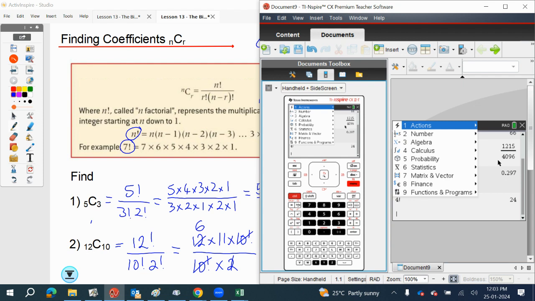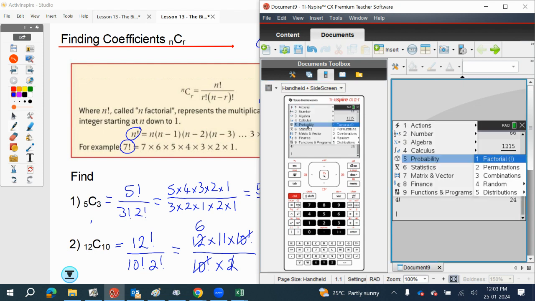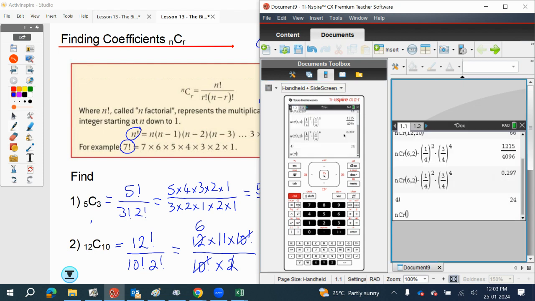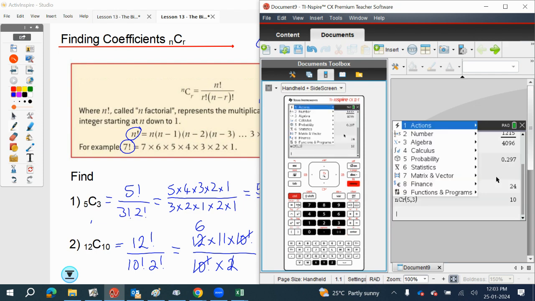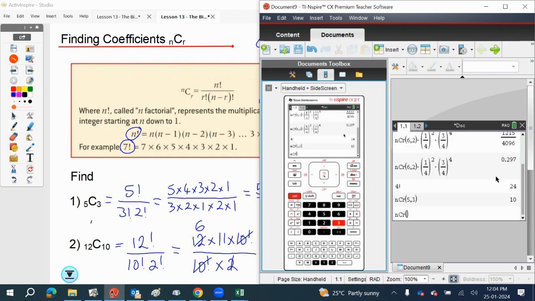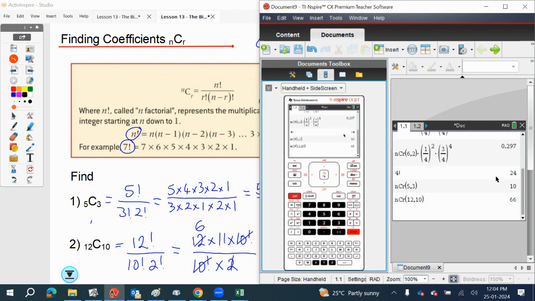So we press menu, probability, combination numbers, number 3. The syntax is a little different. We put in nCr 5, 3. 10. Let's verify that last one. Menu, 12, 10. 66. This is how we do them on the calculator.